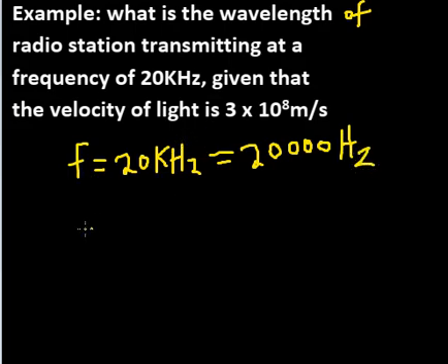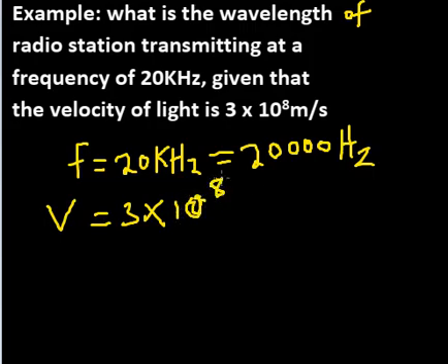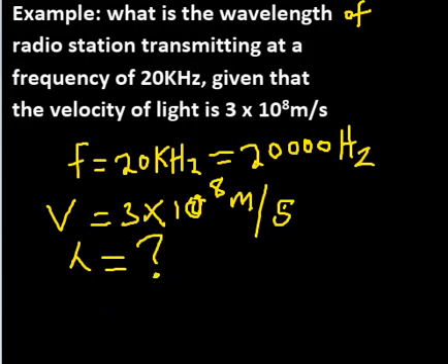Then, of course, given that the velocity of light, since every radio wave, every electromagnetic wave, travels with the velocity of light, which is constant with the value of 3 times 10 raised to the power of 8 meters per second. All right, so now what are we looking for? We are being asked to evaluate the wavelength lambda.